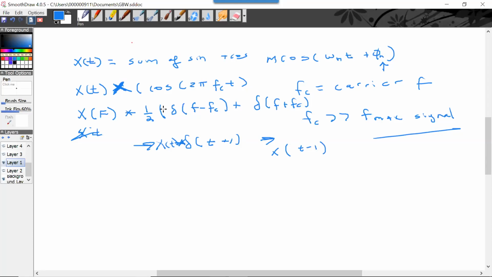It's the same thing in the frequency domain. At zero, positive frequency, negative frequency, we just do a delta function. So this is negative F_C, positive F_C.